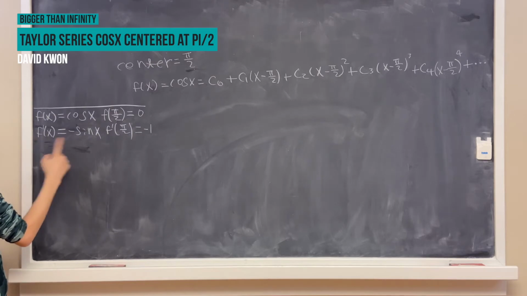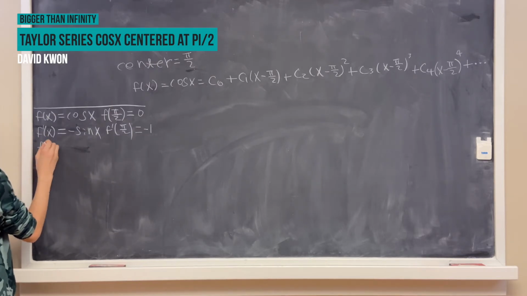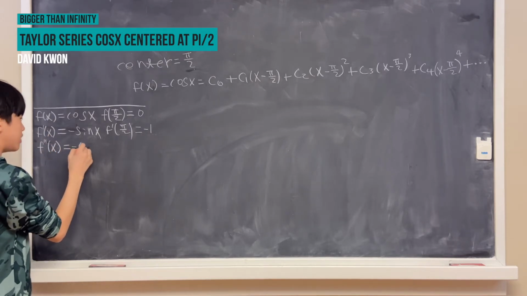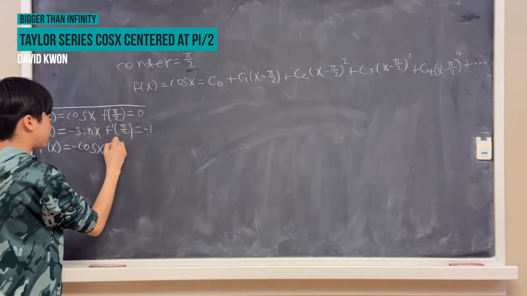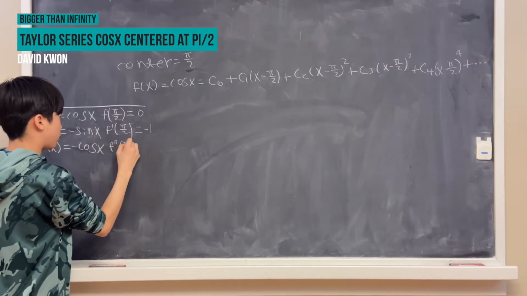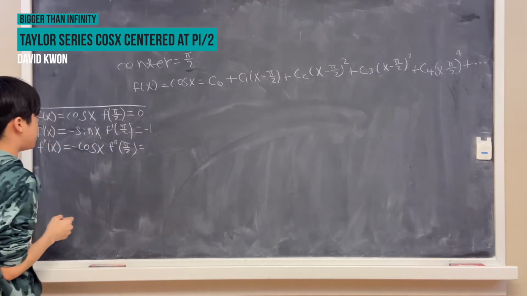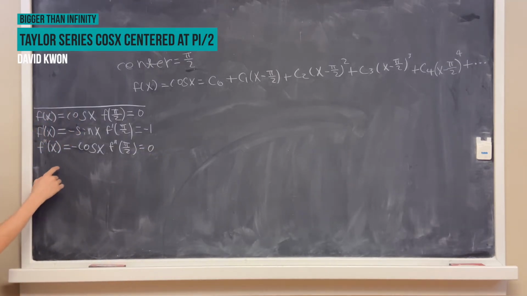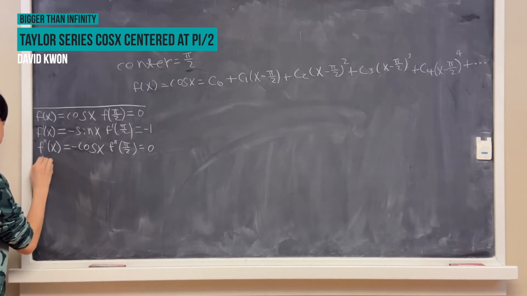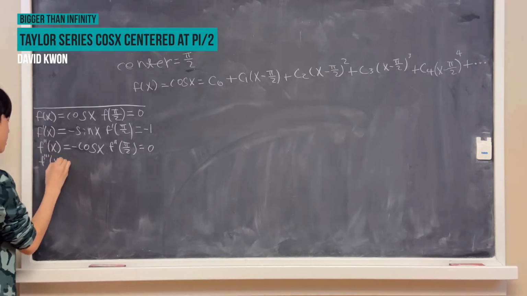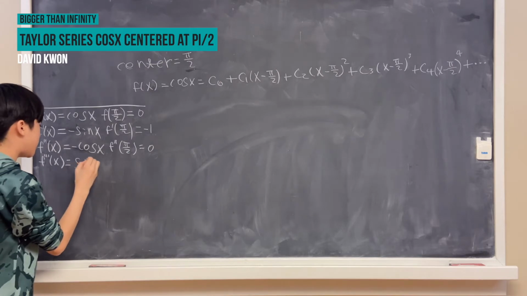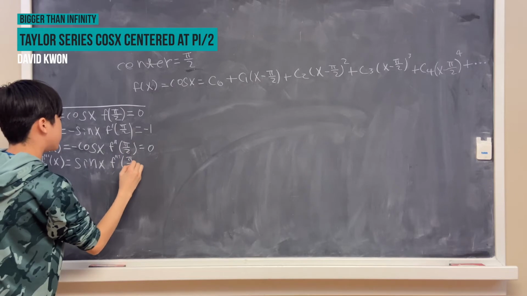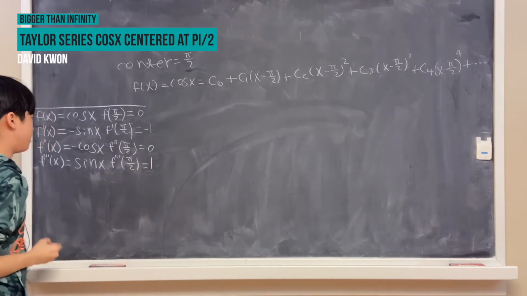Then we differentiate negative sine x, and we get f double prime x equal to negative cosine x. Then our f double prime (pi over 2) would be 0. Differentiating negative cosine x, we get f triple prime x, which is equal to sine x, so our f triple prime (pi over 2) would be just 1.